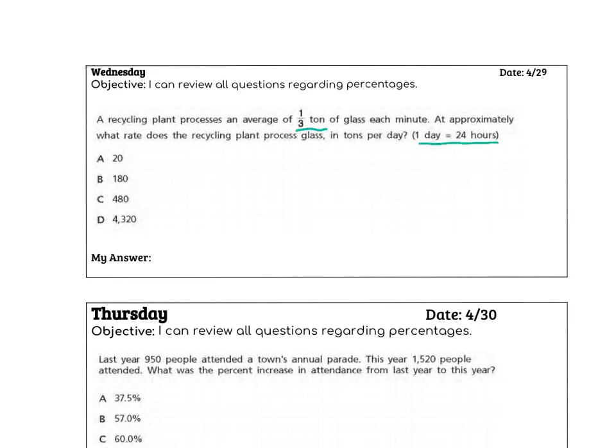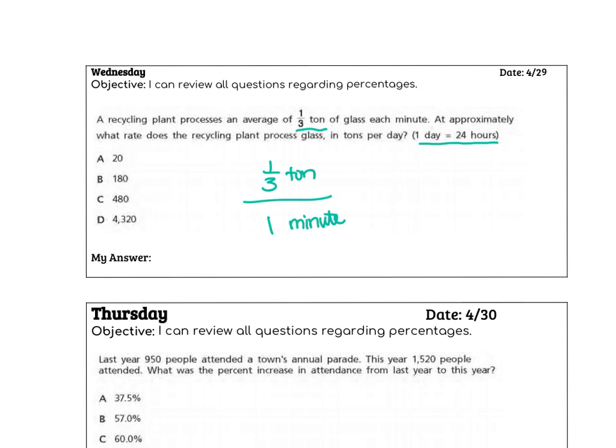So we know 1/3 ton per 1 minute, and we want to know what rate does the recycling plant process in tons per day. So actually, I'm not going to do a proportion for this. I'm just going to use my knowledge of unit conversion.